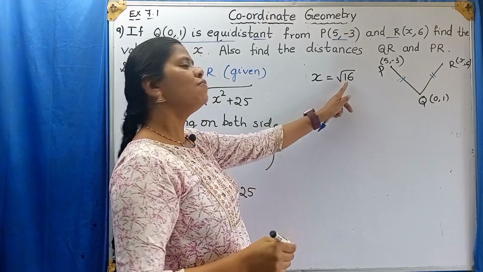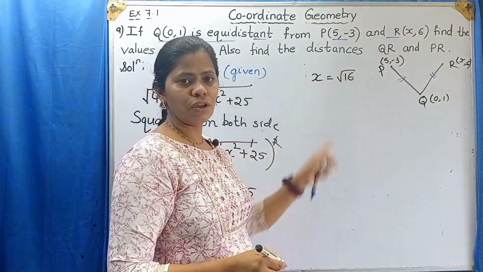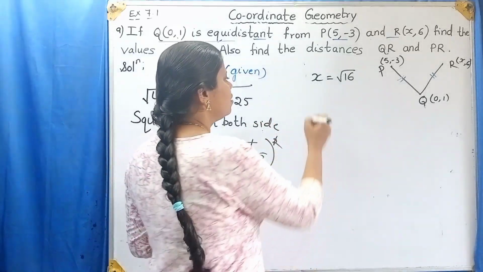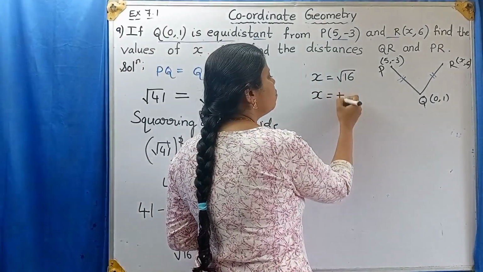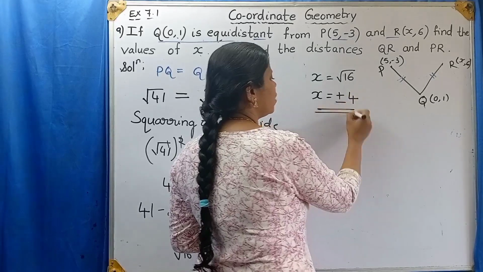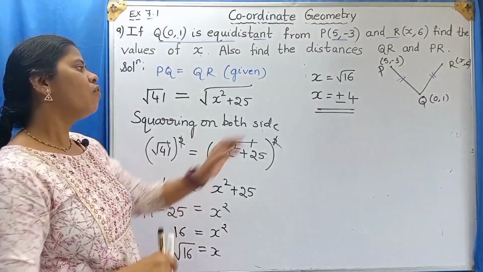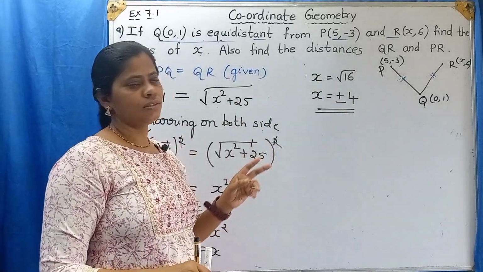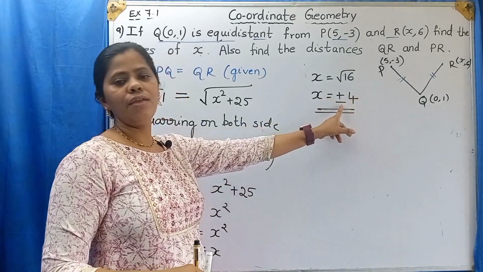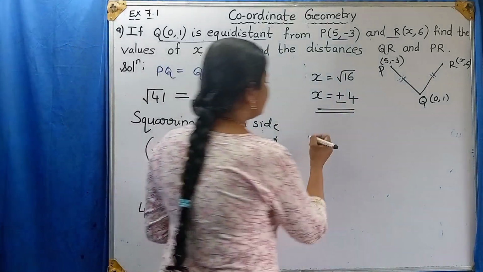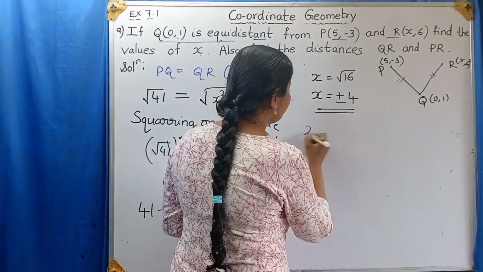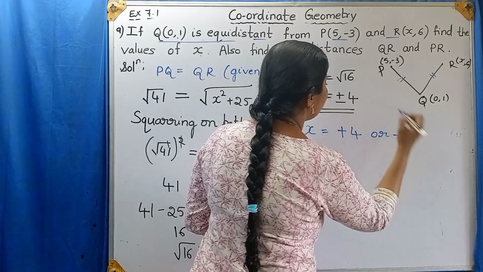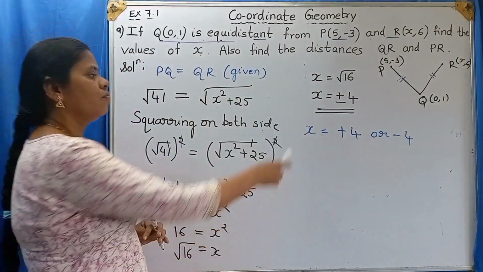When we remove a number from the square root, it will come in the form of plus or minus, isn't it? Therefore, x is equal to plus or minus 4. Okay? Means what? For x there is a possibility of two values, that is plus 4 and minus 4.